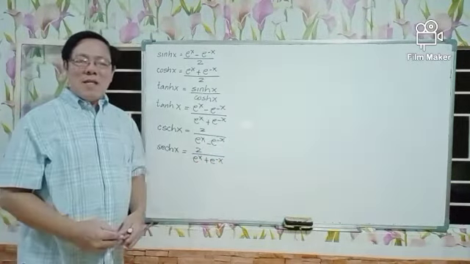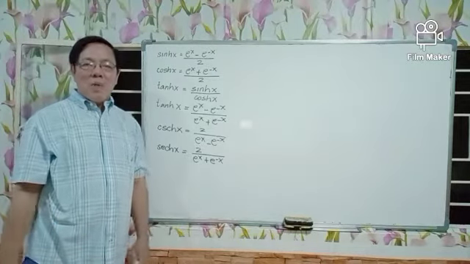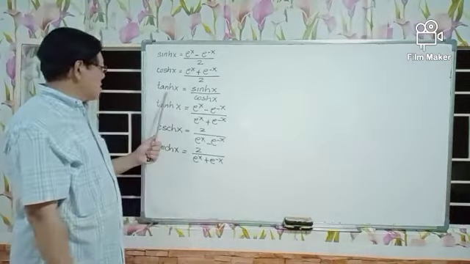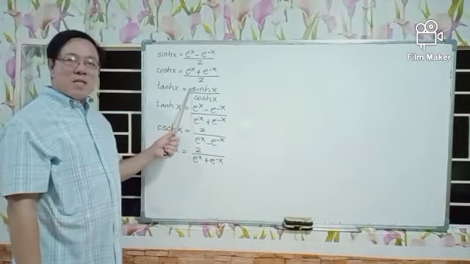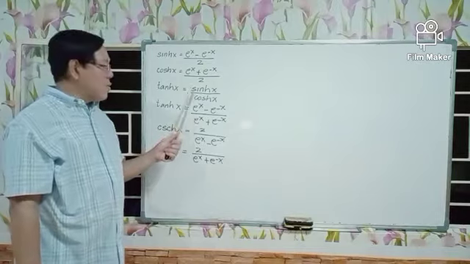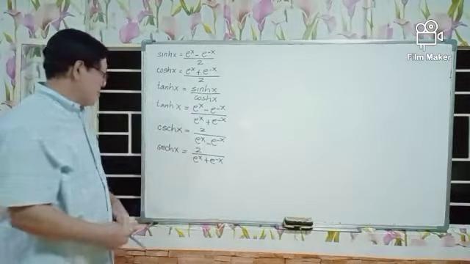And the sixth and the last hyperbolic function is the reciprocal of the hyperbolic tangent of x. It is equal to the reciprocal of this expression, which is equal to hyperbolic cosine of x over hyperbolic sine of x.